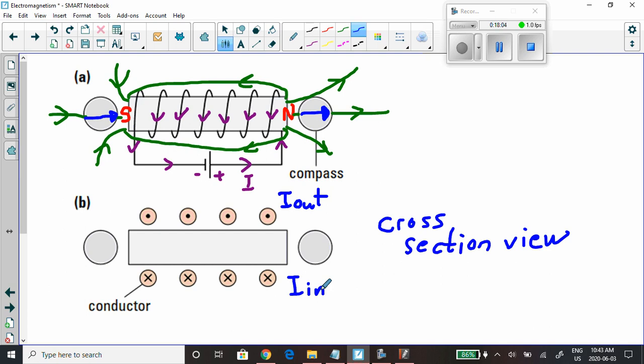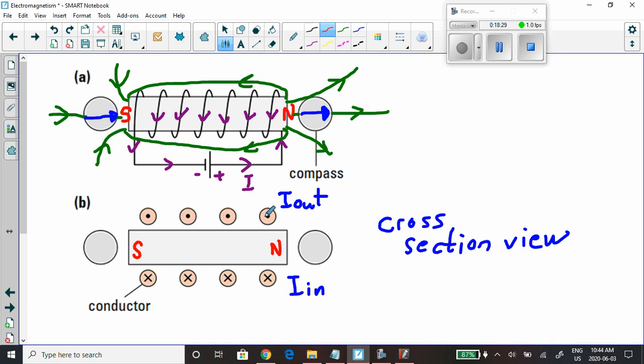The only way I can do that with my right hand, it has to be your right hand, is if my thumb points to the right. So if my thumb points to the right, that means this is where the north-seeking pole is on the right. And this is where the south-seeking pole is by default on the other side.